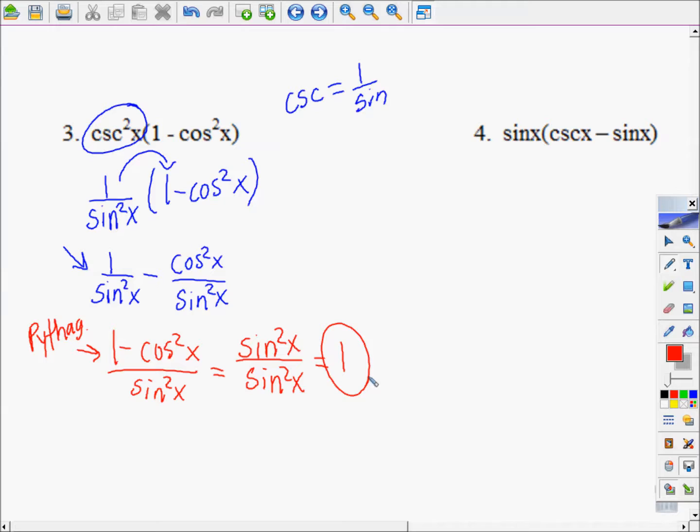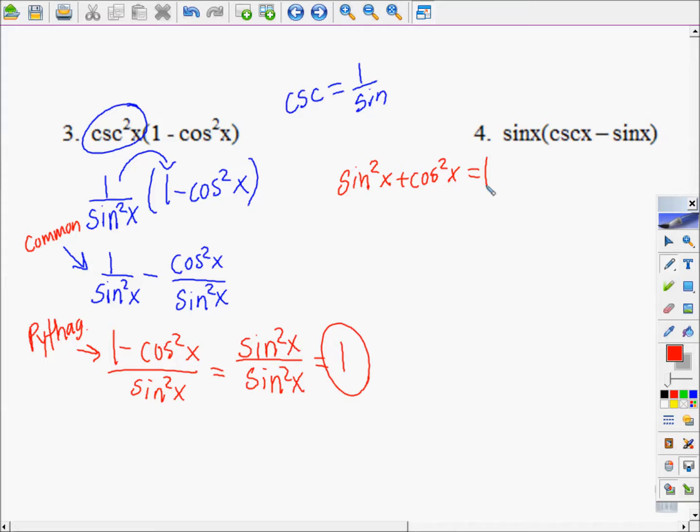Wait, how did you get that? All right. How did I get it? Because these have common denominators, right? I can combine by subtraction. So this became 1 minus cosine squared x over sine squared x. This is a Pythagorean identity, and our parent Pythagorean identity is sine squared x plus cosine squared x equals 1.